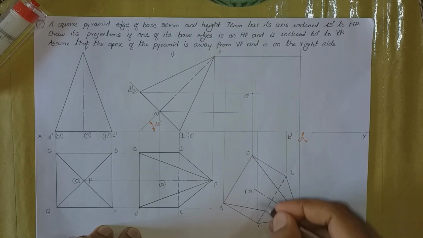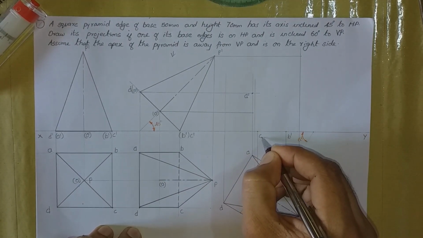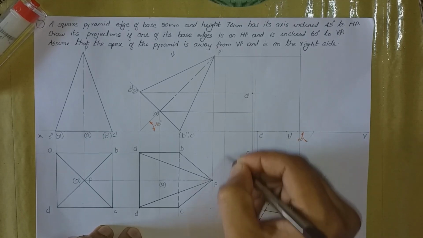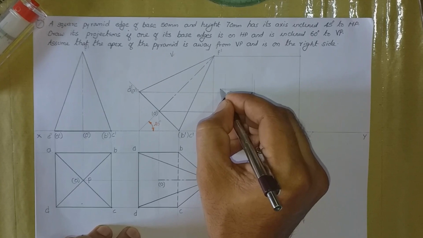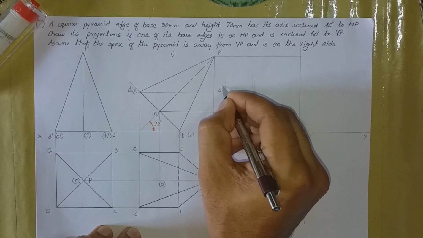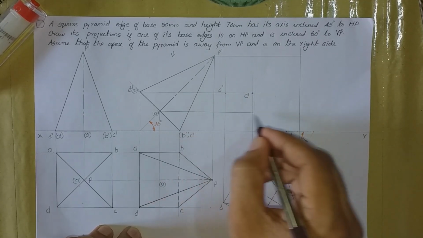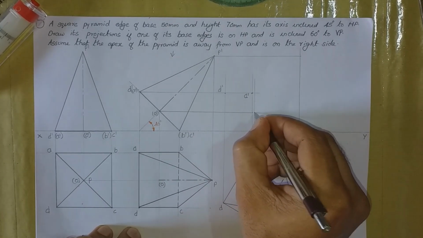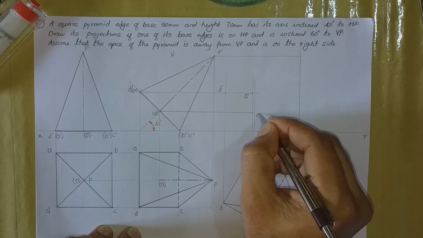C. Likewise, D also is to be marked. D and D. Now this is the projector from O and this is the projector from O. So it will be somewhere here. O dash.